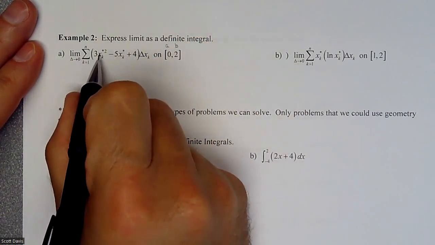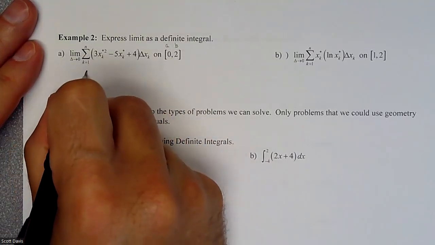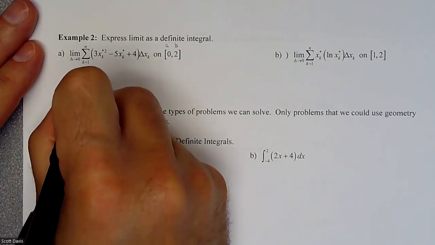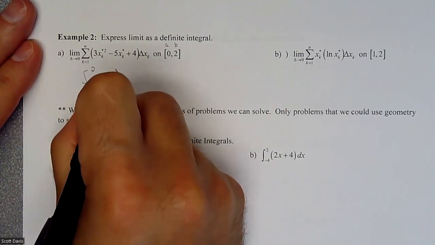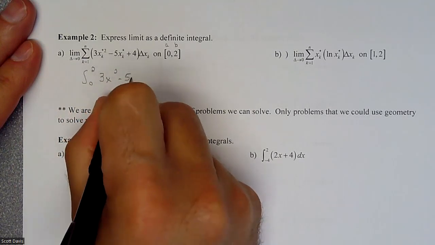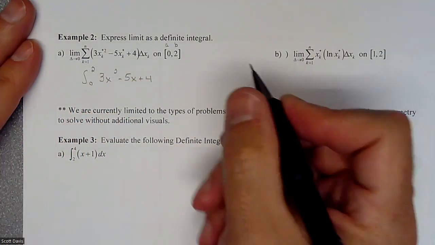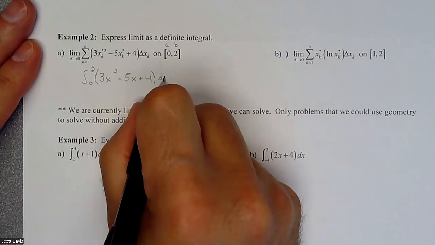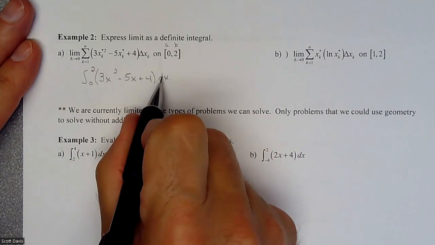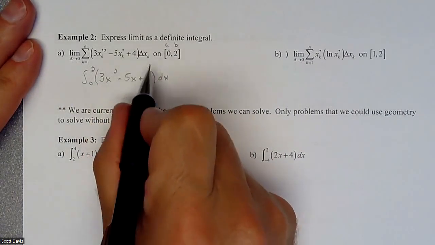So your x on here and your x on here, we're going to do from 0 to 2. It's basically just 3x squared minus 5x plus 4. It looks very straightforward. And then times dx. That is kind of your width, but your width is becoming infinitely small.